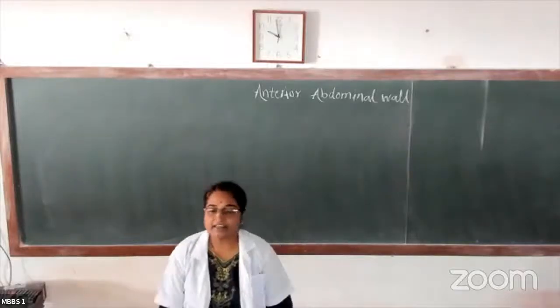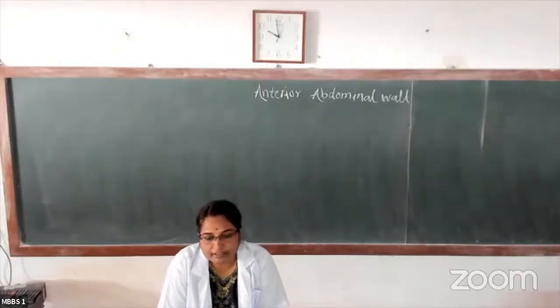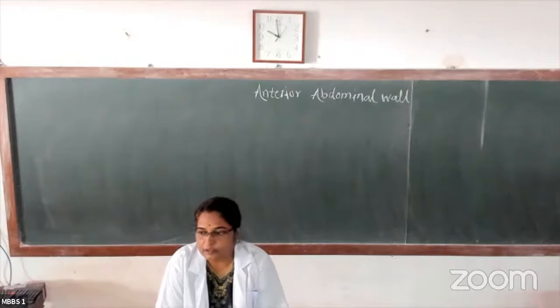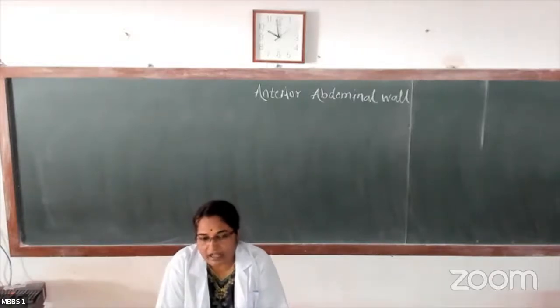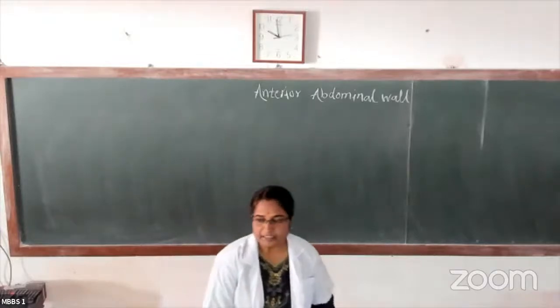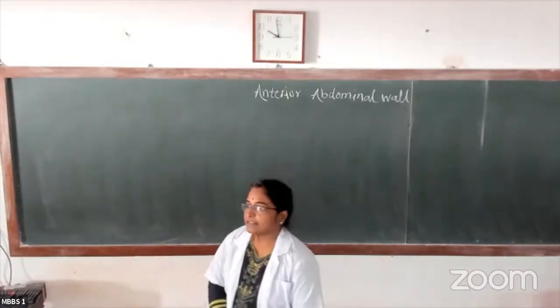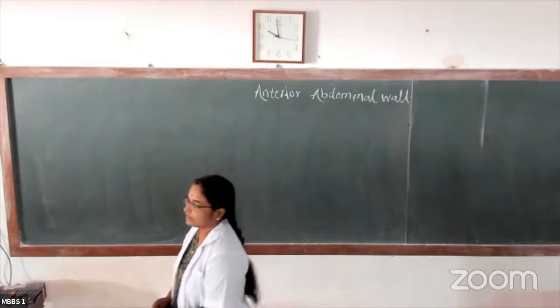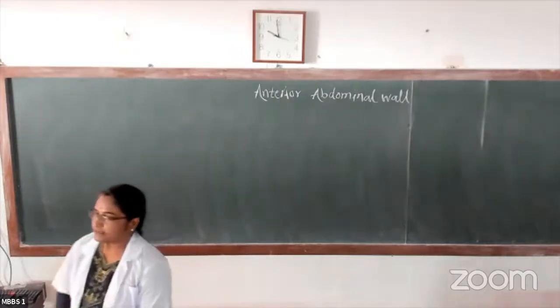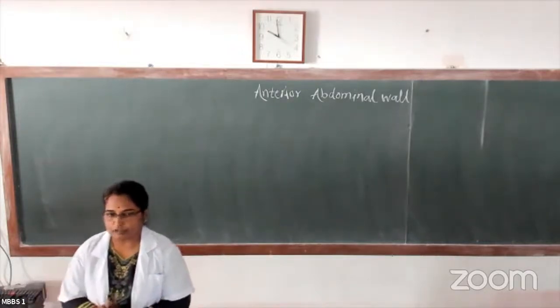This cavity is again subdivided by the pelvic inlet into abdomen proper and pelvic cavity. Now this abdominal cavity is covered anteriorly, laterally and posteriorly by the abdominal wall.